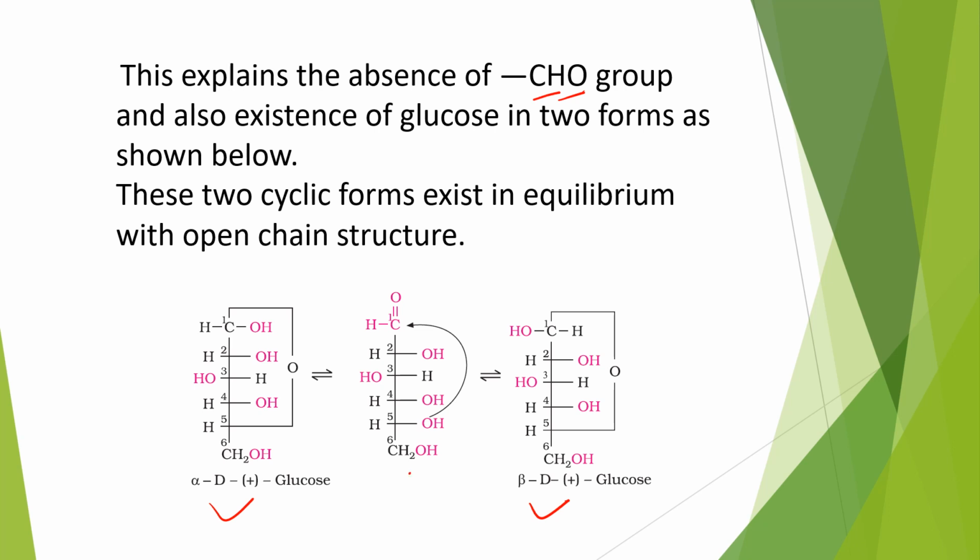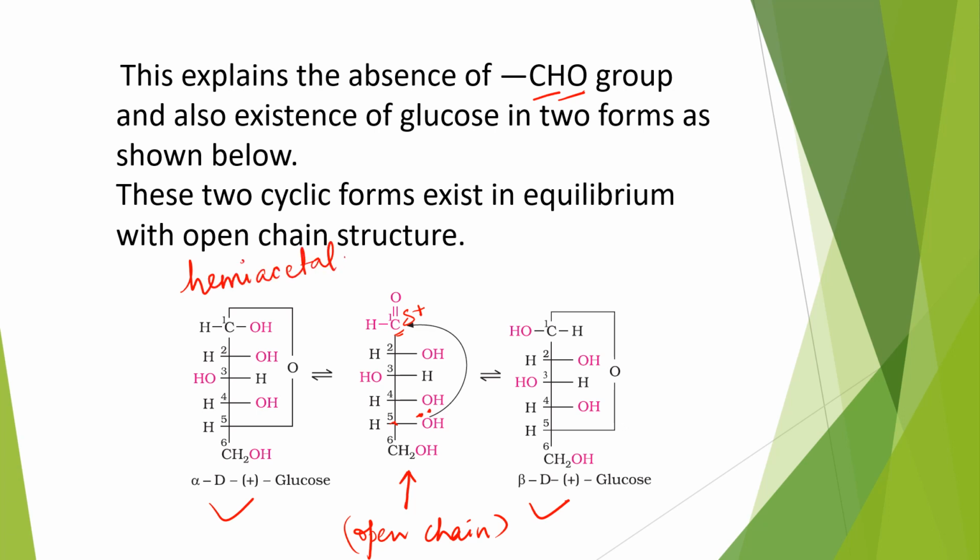So this is the open chain structure of glucose. What happens is the fifth carbon atom has this OH group. The lone pair on oxygen attacks the electrophilic center of carbon, and finally it forms a hemiacetal structure.